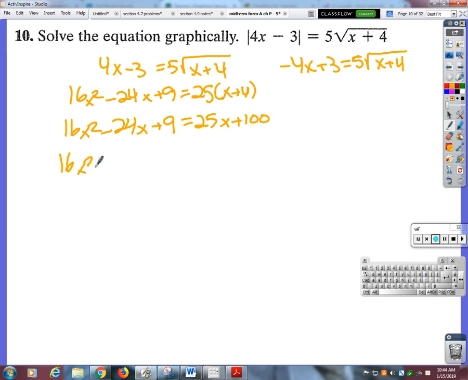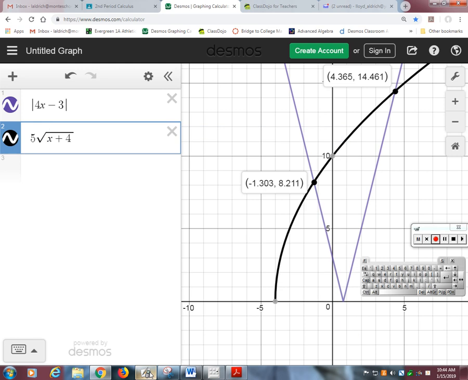And then 16x squared minus 49x minus 91 equals 0. And then I'd have to use the quadratic formula from there. And that would give me this answer right here, because I did that with the positive absolute value.